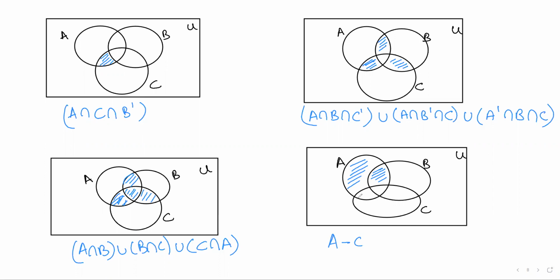From the circle of A, you need no elements which are present in C. Or it can be written as A intersection C complement. So with this, you can consider this as a formula. It's useful in proving certain properties in sets. Some type of questions which are present in the miscellaneous exercise of NCERT.